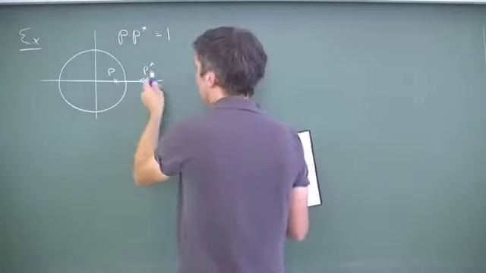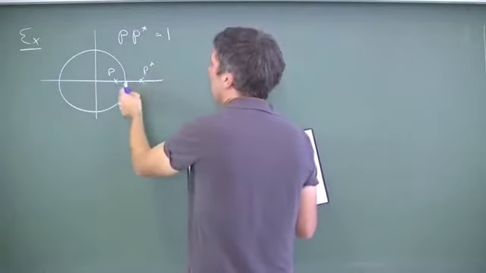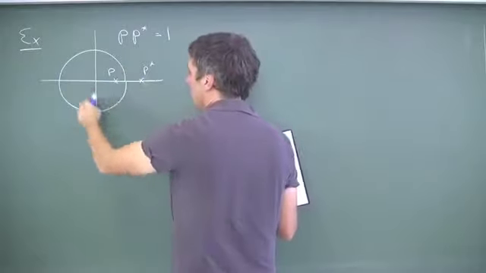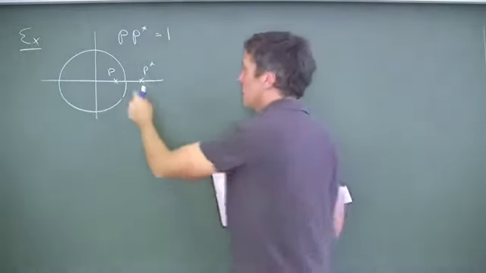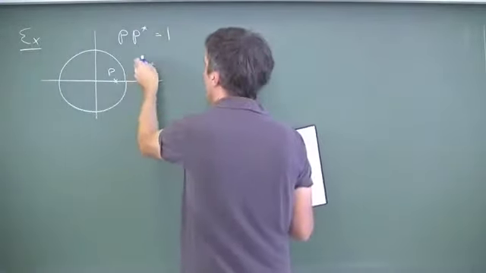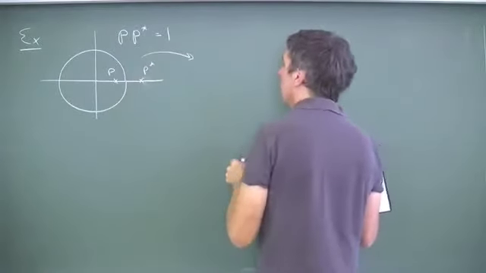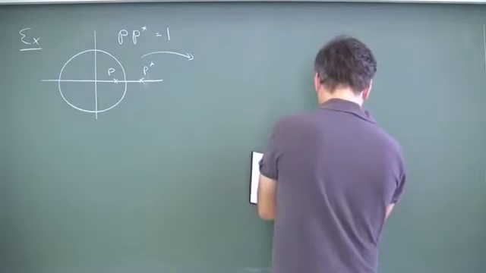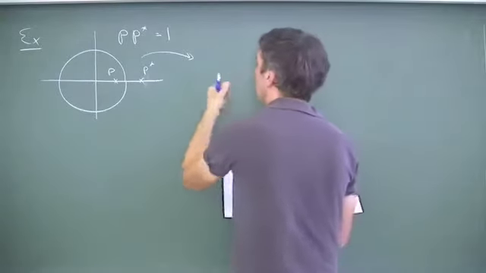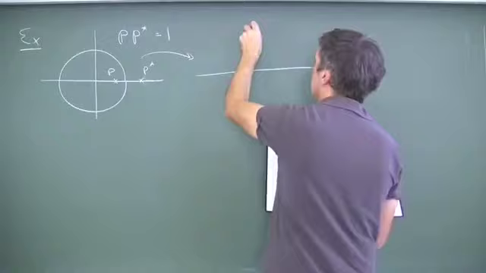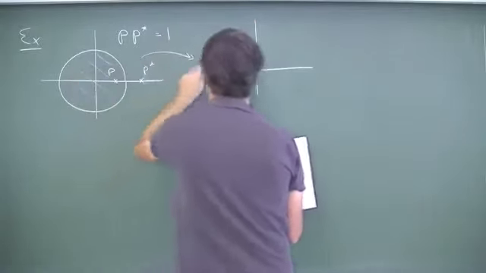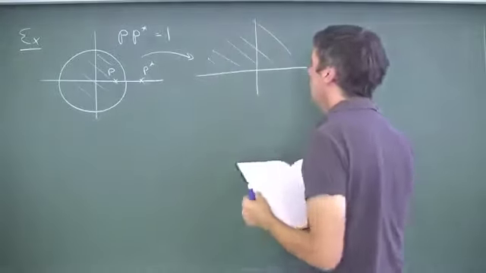And the method is really then to, instead of trying to do this computation in the unit circle, we simply map it onto the upper half plane. The circle here is mapped onto the upper half plane.